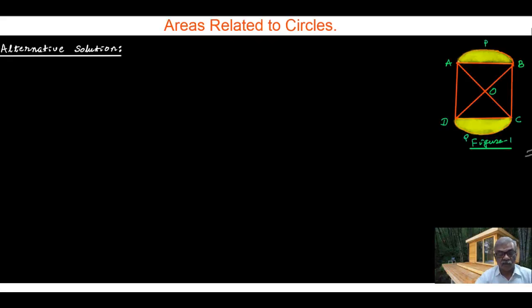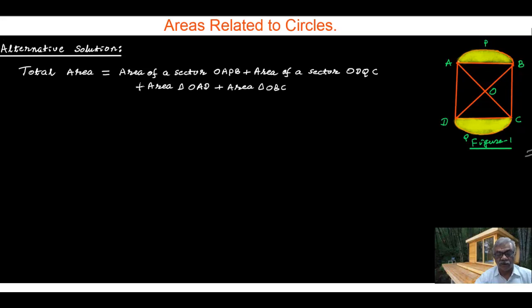Alternative method: I am going to give the solution for the same problem. Here the total area is equal to the area of the sectors OAPB and ODQC plus the area of the triangles OAD plus OBC.